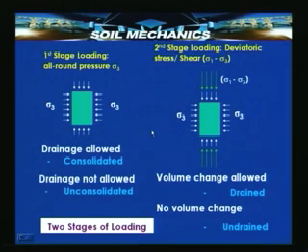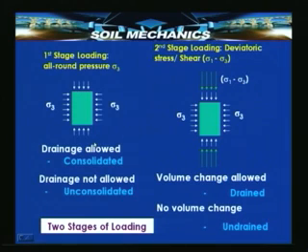This diagram shows the various stages in loading. The first stage of loading corresponds to application of sigma 3. While applying sigma 3, we could either allow drainage and allow consolidation under this pressure sigma 3, or not allow drainage and not permit consolidation. In the second stage of loading, when we apply the deviatoric stress, either we could allow volume change, in which case drainage is permitted, or we may prevent volume change, which means no drainage is allowed.